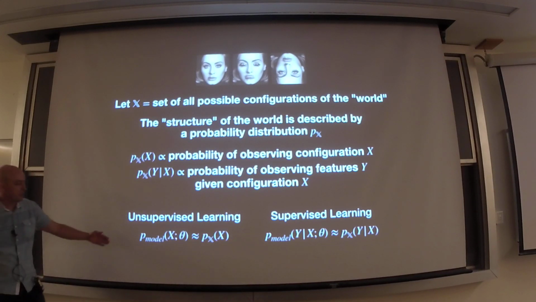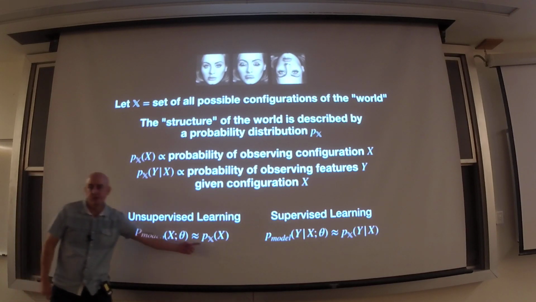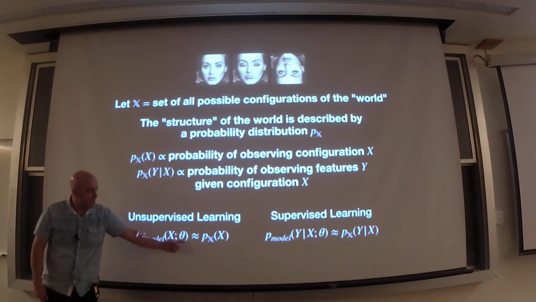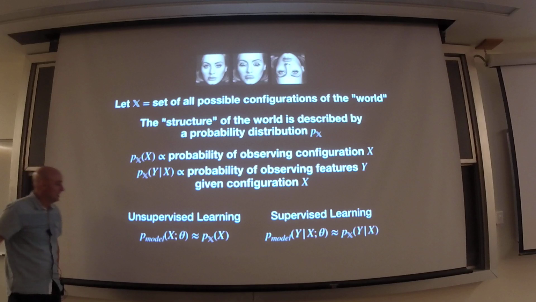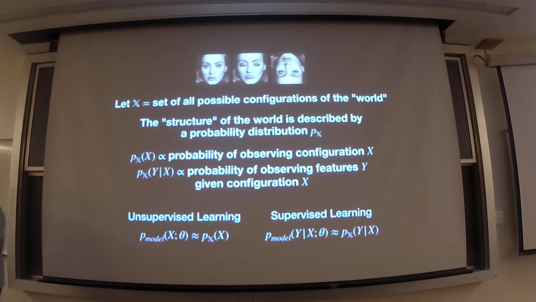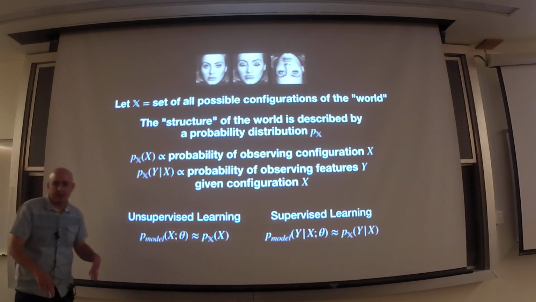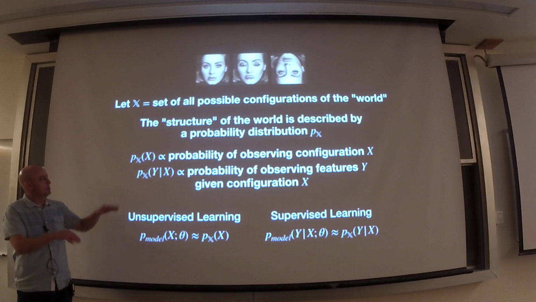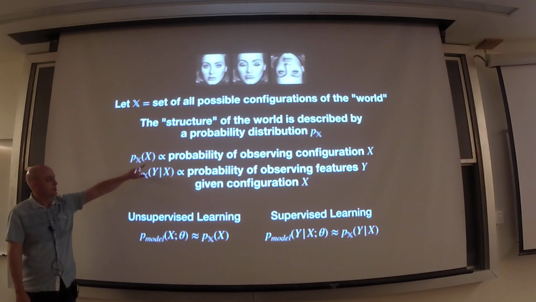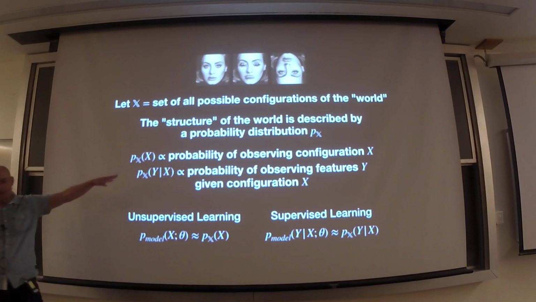Our model is simply an approximation to these distributions. What I have here is this theta, which is just the weights or parameters of whatever model. This could be a very simple linear regression, or a very sophisticated neural network, whatever. What we are fundamentally doing is trying to learn the probability distributions of these configurations in our world.